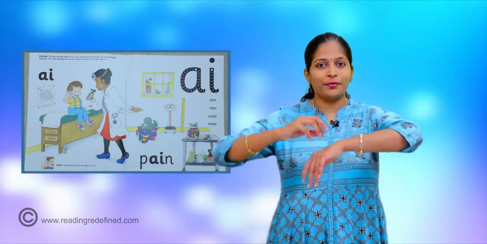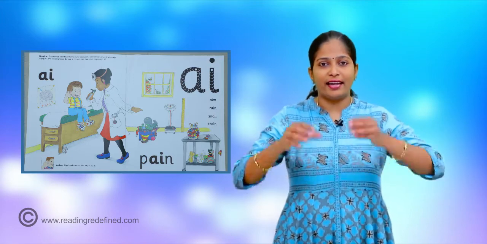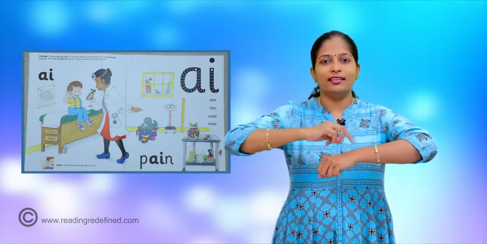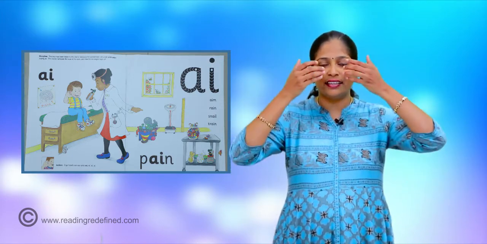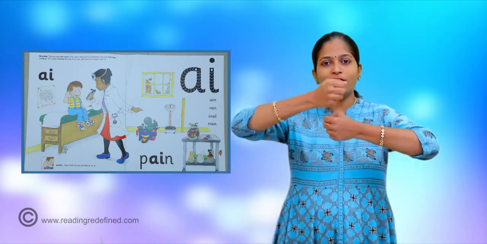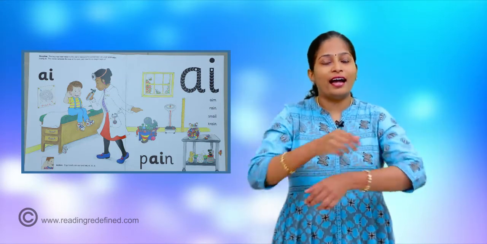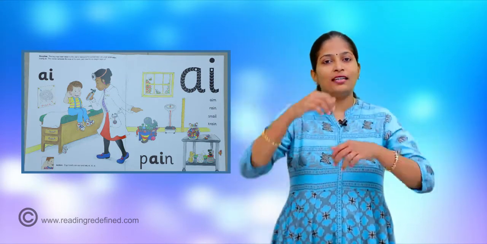Do along with me. A, E, O, A. A, E, O, A are the short vowels that we use.